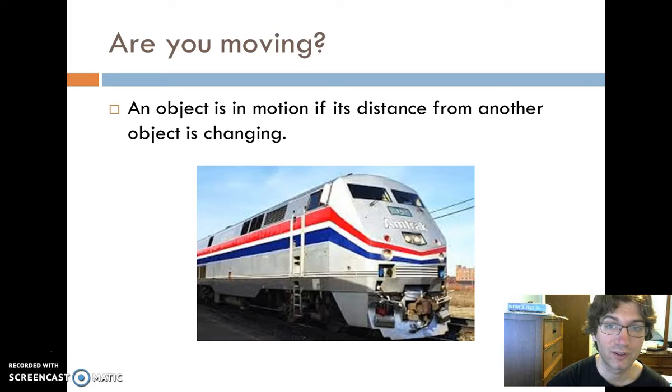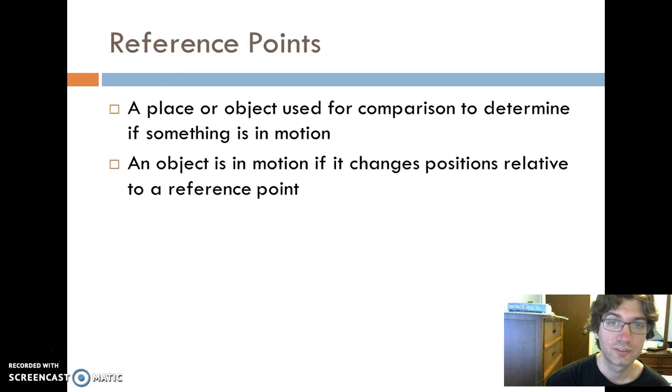It depends on what reference points you pick. So it's very important to choose a reference point that is widely considered as stationary in many contexts. You never hear about how the station is moving towards the train. You hear about how the train is moving towards the station. Either statement is correct. It just depends on what reference point you choose.